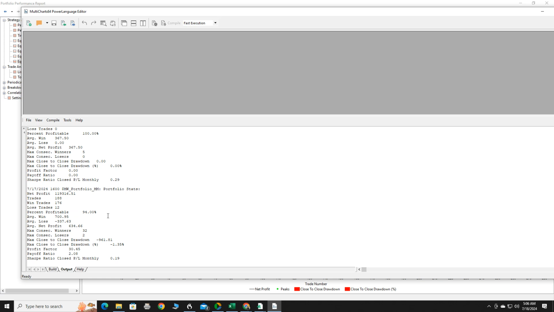These are really great numbers, but it can only be done by using all these different money management configurations put together on top of each other.